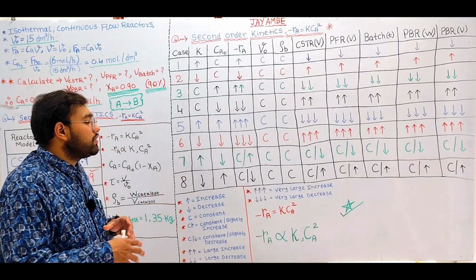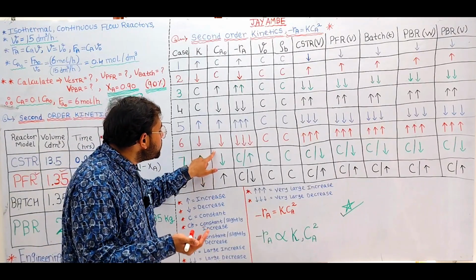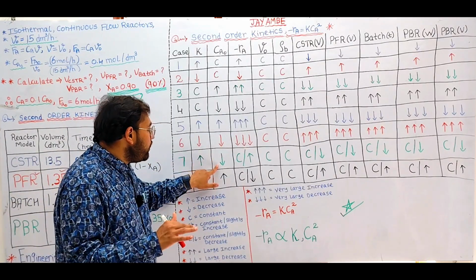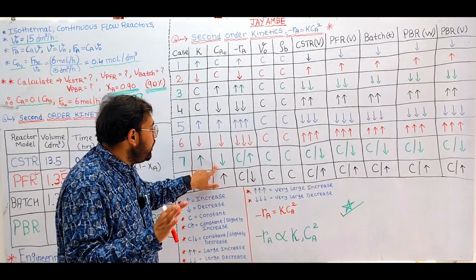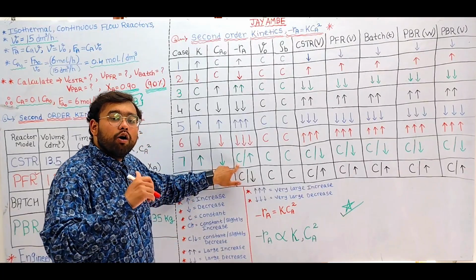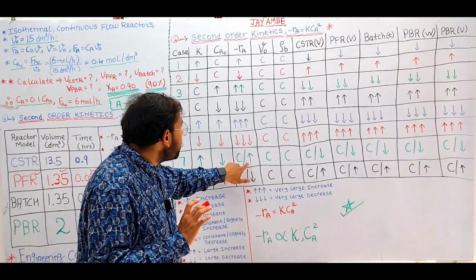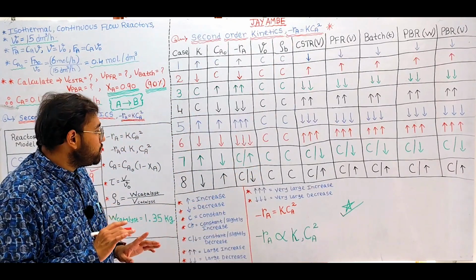So this simultaneous opposite effect of increasing rate constant K and decreasing initial concentration will result in a constant rate of the reaction, or there may be a possibility of a slight increase in the reaction rate. I hope up to here you have understood, right?